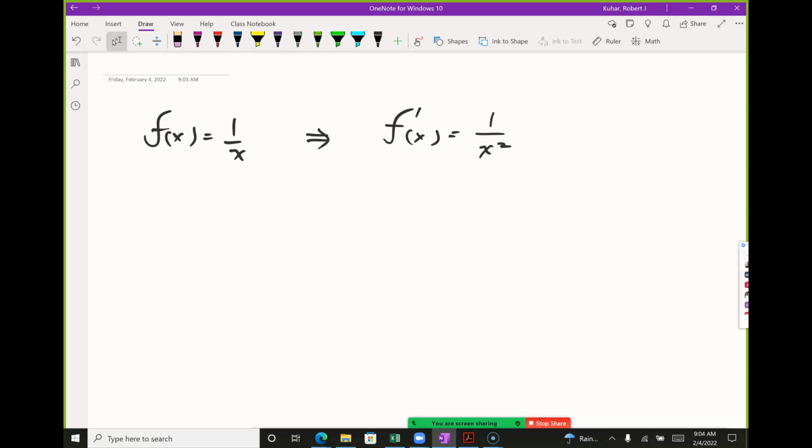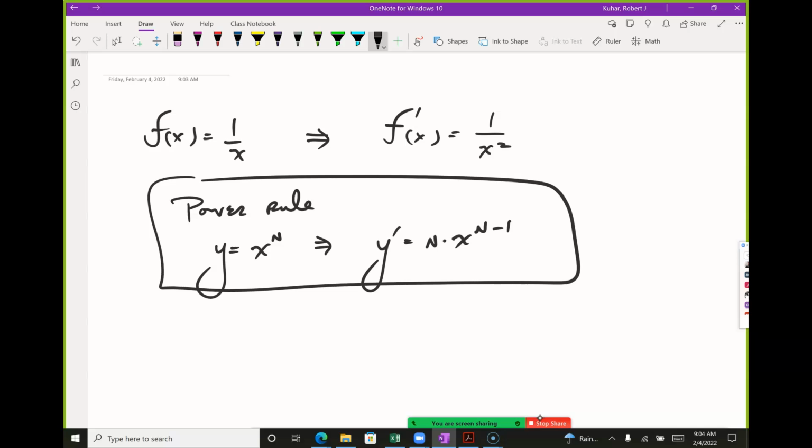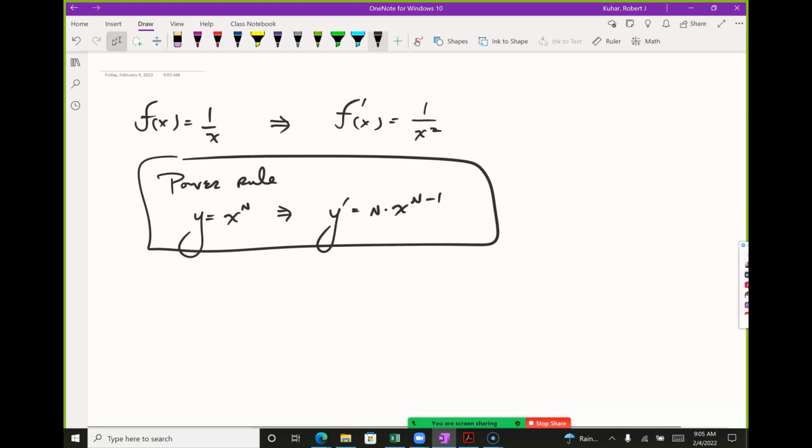And I can show the shortcut with the power rule, right? So the power rule says this. If I have y equals x to the n, then y prime is n times x to the n minus 1. That's my shortcut rule that I'm either going to get a tattoo of, or better yet, put on the formula sheet for the test, right? And then in our case, y equals 1 over x, which is x to the minus 1.